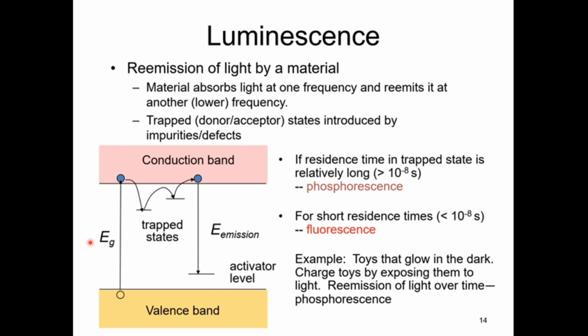Luminescence is classified according to the magnitude of the delay time between absorption and re-emission. If re-emission occurs for times much less than 1 second, the phenomenon is called fluorescence, normally less than 10 power to negative 8 seconds.